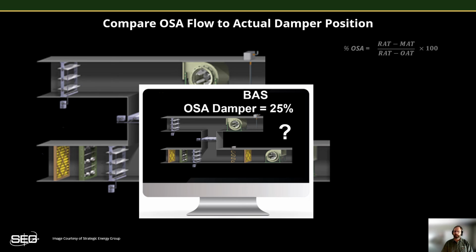I want you to keep in mind that airflow through a damper is not always linear. The commanded position does not necessarily represent the actual airflow percentage across that damper. So even though the outside air damper may be commanded open 25%, the actual percent of outside air being drawn can significantly be higher or lower.